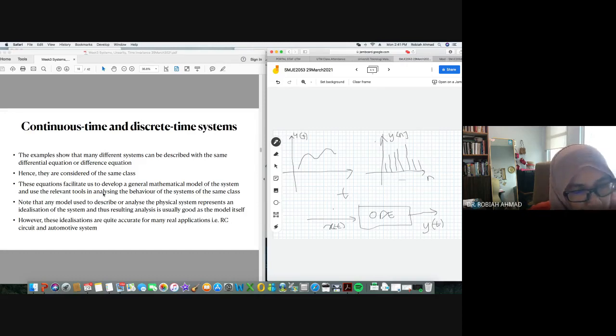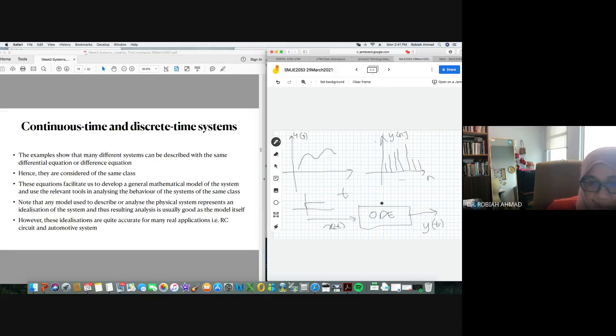Then later nanti bila you buat project ke ataupun when you continue your study into higher level of education, master ke PhD ke kan, kita buat modeling, this is where kita masukkan sistem input. Katakan apa tadi, we learn about the step input.